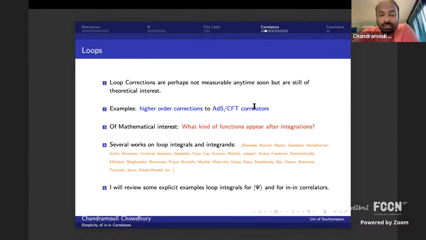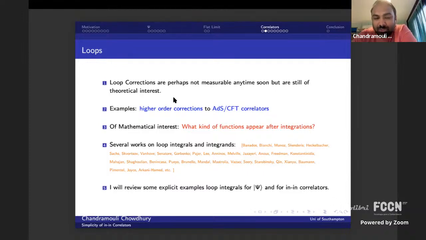So now you could naturally ask why we study loops in this. Of course, apart from natural curiosity, it's a valid question because loop corrections are perhaps not measurable anytime soon in cosmology. We still haven't measured the tree-level 3-point function, so it's still at a point where it's of theoretical interest.